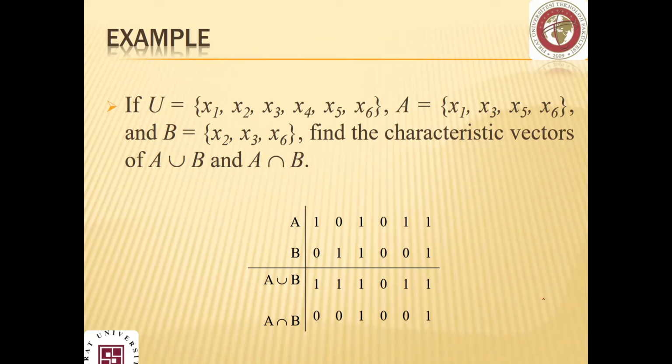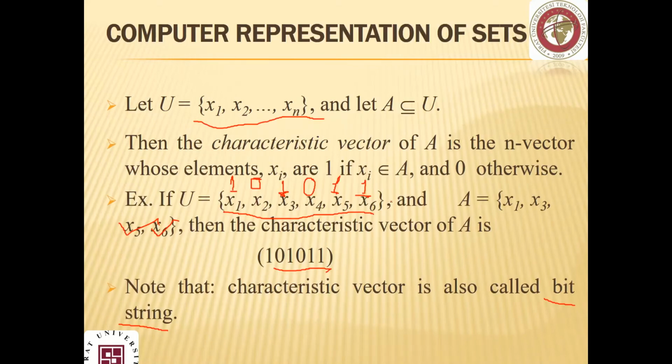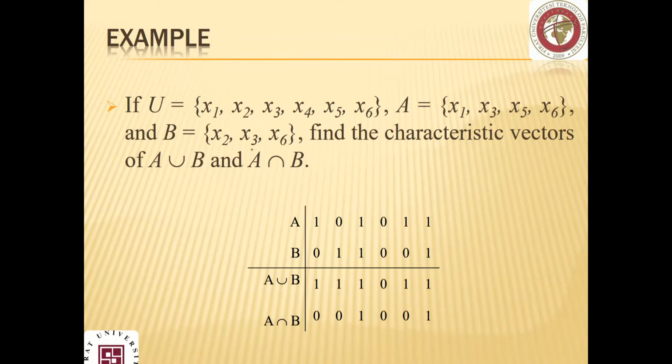You may have the union or the intersection if you have two characteristic vectors. This is possible. Like now we have A and B. So what is A? You have to derive A first: 1, 0, 1, 0, 1, 1, what we did earlier. How about B? Now look at B: 0, because x1 is not there. Then 1, 1, then 0, 0, 1.